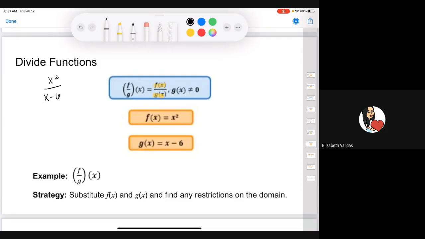Now, whenever you're dividing, what you have to do is you also have to include this part of that operation. And the way to solve for that part of that operation is you have to take the denominator, the bottom half, and you need to determine when it will equal 0. So x minus 6 equal to 0.